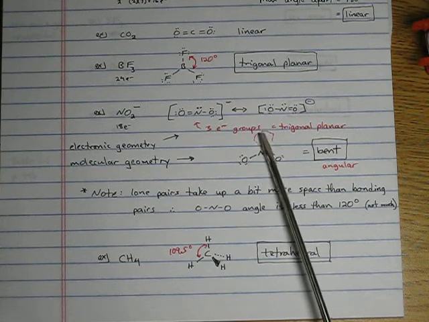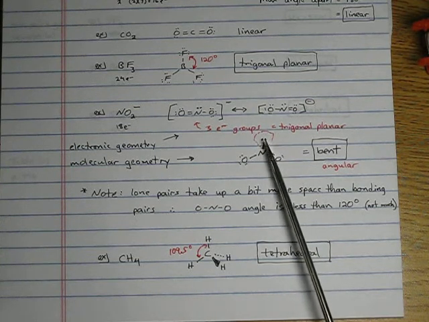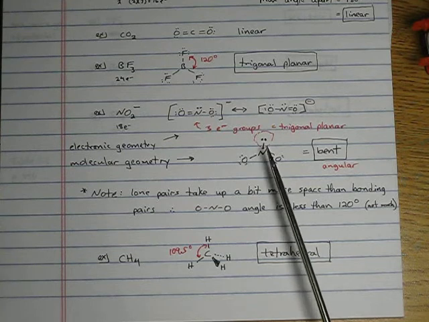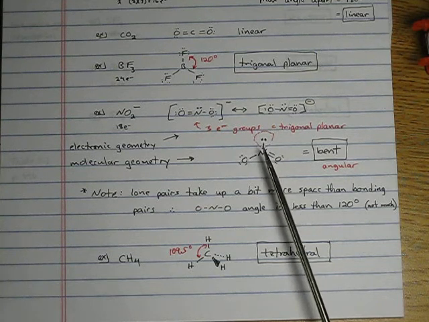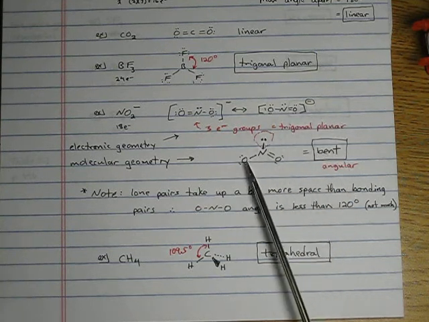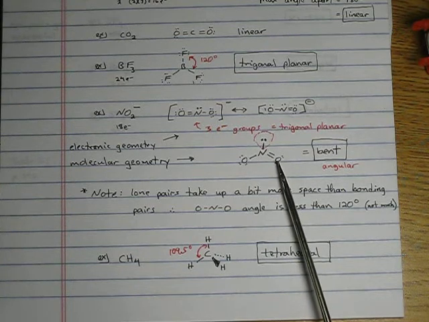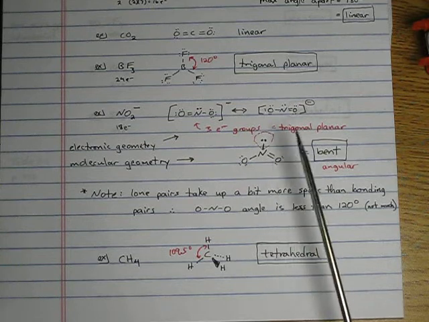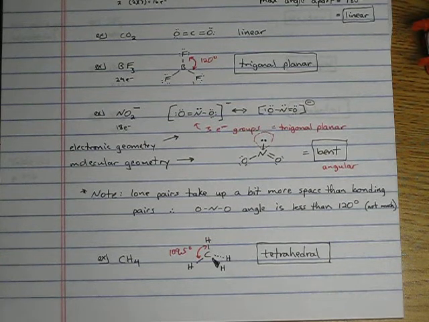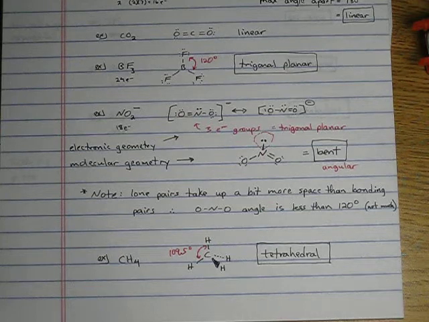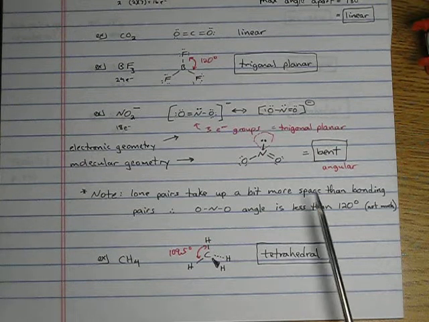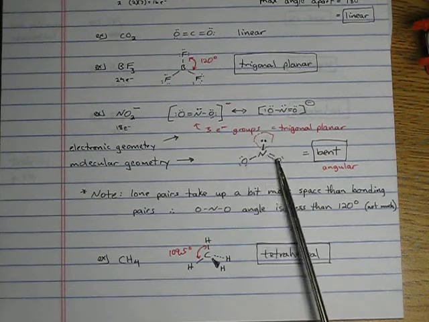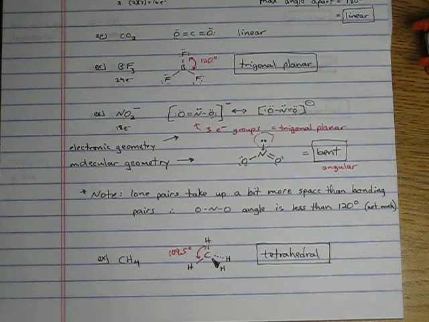There's just a lot more space up here, so this is going to tend to push on these guys a little bit. This is taking up a little bit more space, so one would normally think that this oxygen, nitrogen, oxygen angle should be 120 degrees. It's probably just a little bit less than 120. No, not that much less. We're talking maybe 118 degrees or something like that instead of 120. But lone pairs take up just a little bit more space than bonding pairs do.